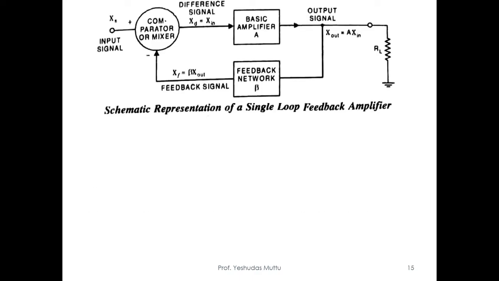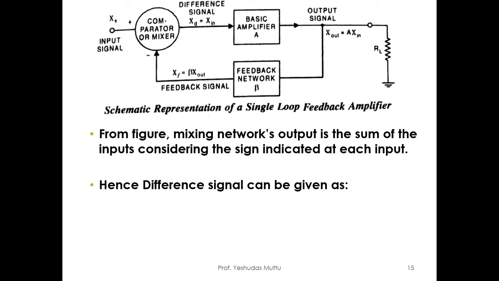Let's start from this difference signal. What will be the expression for this? It's quite simple. It's a difference signal, the difference between the two signals which are the inputs.